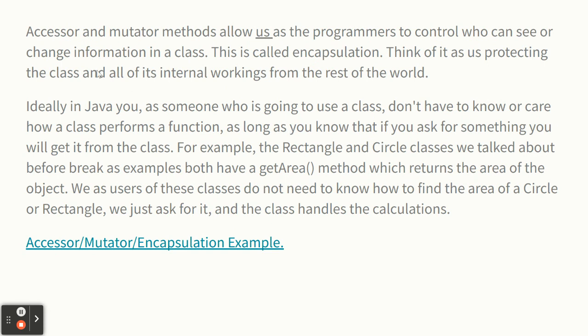And accessor and mutator methods allow us as programmers to control who can see or change information in a class. And this is what I mentioned already, called encapsulation. And here's an interesting thing. Ideally in Java, you don't have to know how somebody else wrote their code.